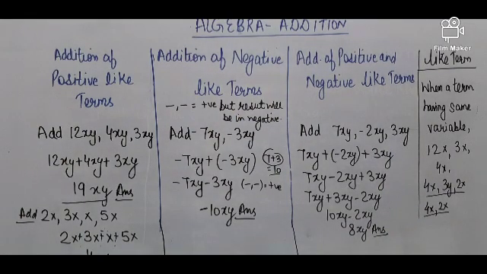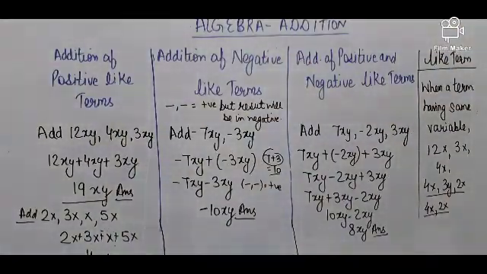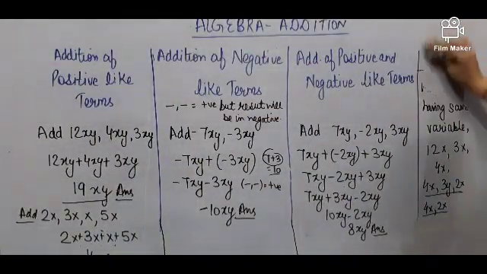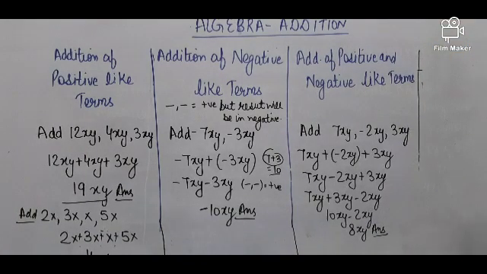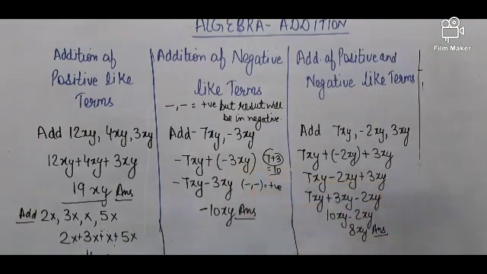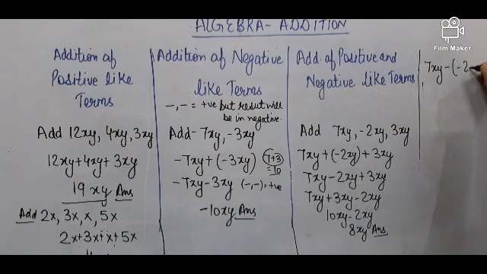Now I want to give you one more example. I told you that when a bracket is preceded by a positive sign, there will be no change in the bracket. Suppose we have a question like this: 7xy is positive and we have negative 2xy in a bracket.